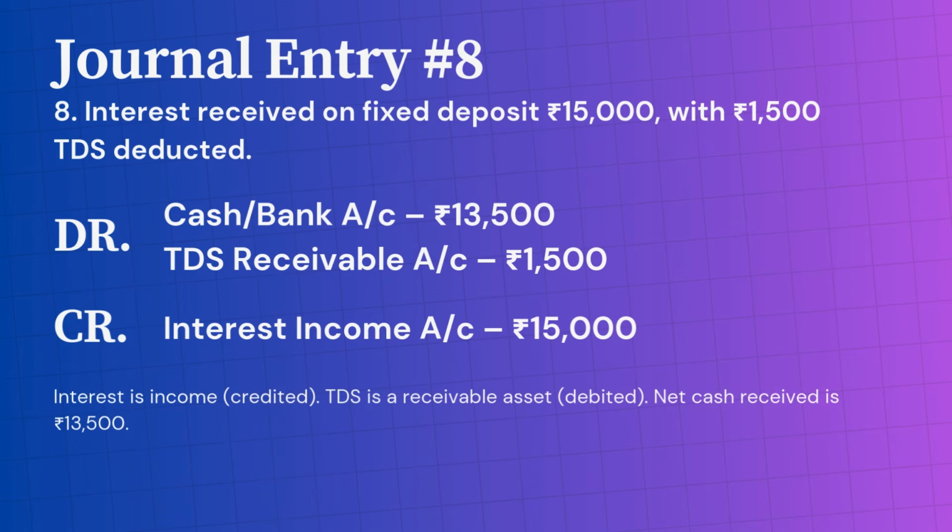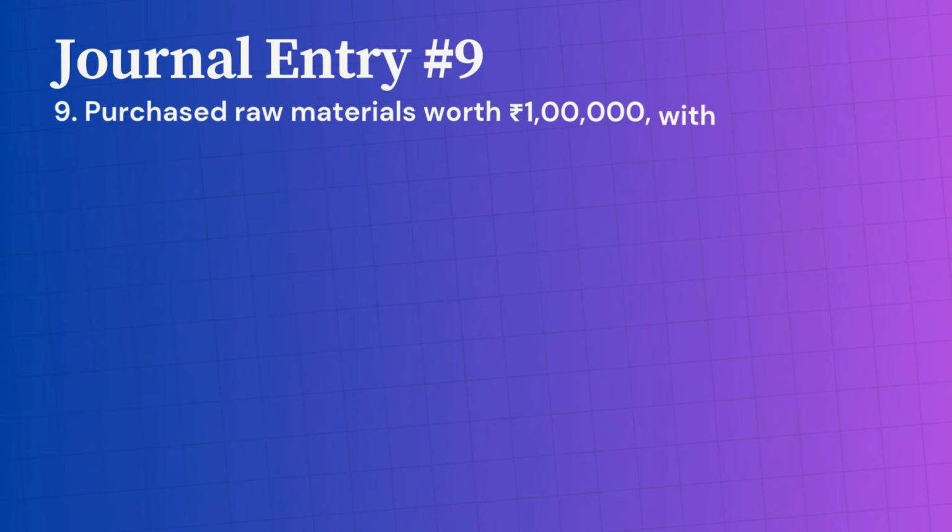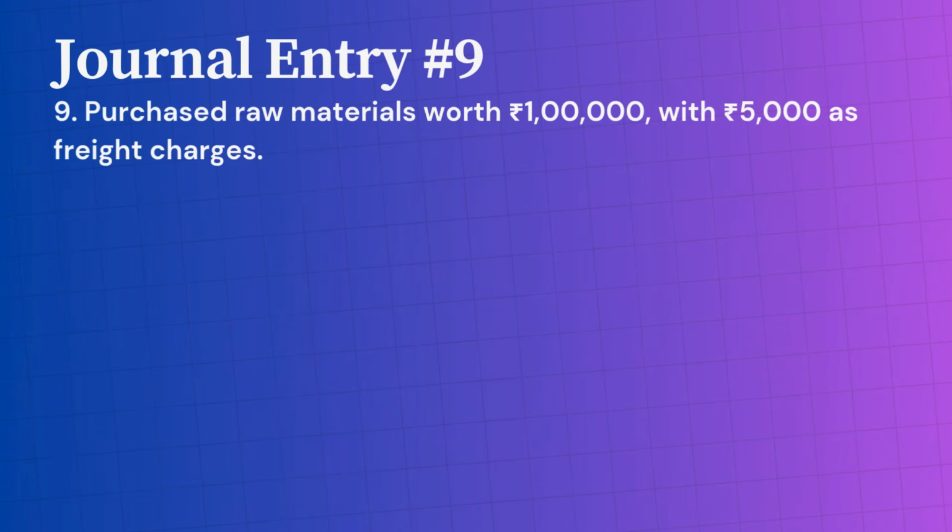Why? Interest income is revenue for the company, increasing its equity. Revenue is recorded with a credit. TDS receivable is an asset. It represents the amount of tax that has been deducted from the interest income and can be claimed as a credit after the TDS deduction.